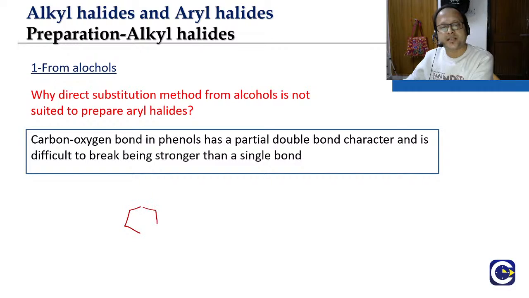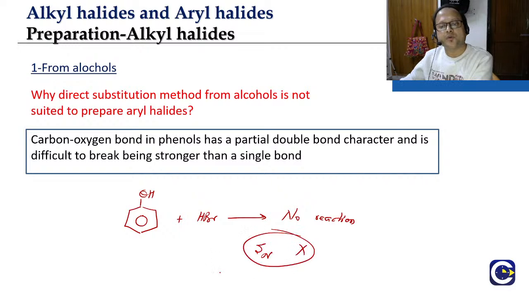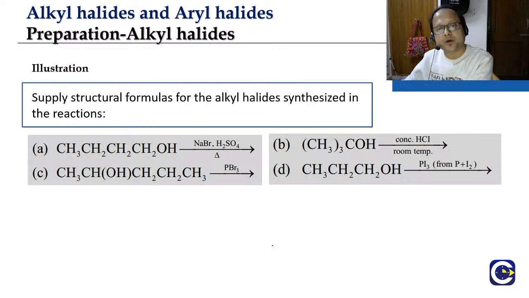What I mentioned is, if you have phenol, OH on the ring, and I'm treating it with HBr, then no reaction. That means your SN reaction is not working here. It is not working here, right? So we'll learn about it.